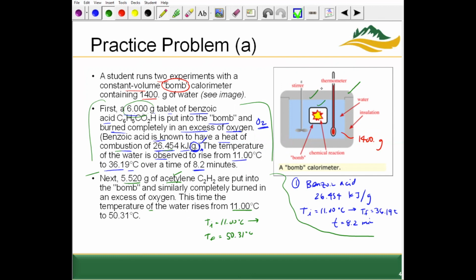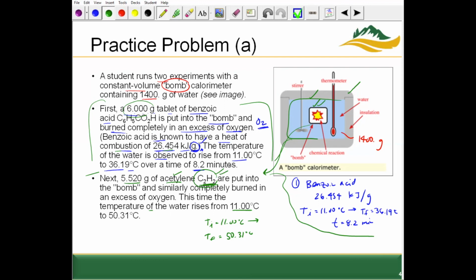What is the heat capacity of the calorimeter, so then we can use that information for our actual item of interest. Because say, for example, we synthesize a new material and we don't know anything about its enthalpy or heat of combustion, then if we calibrate this calorimeter, we can then use that information to find out information about a different, maybe unknown substance.